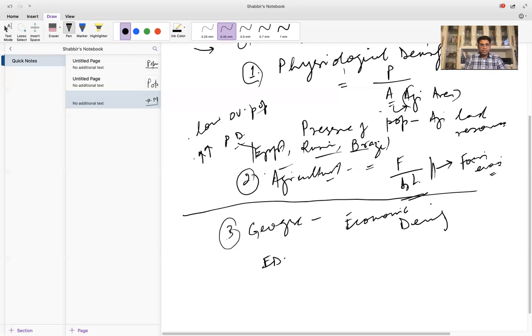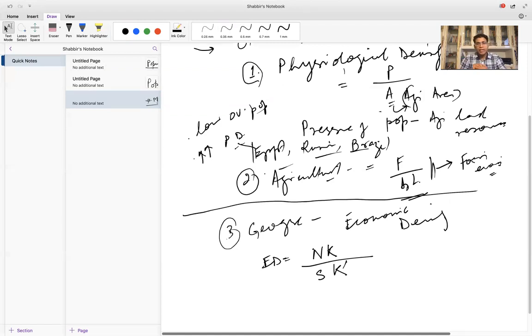Economic density is equal to NK divided by S and K dash, where N is the number of inhabitants.